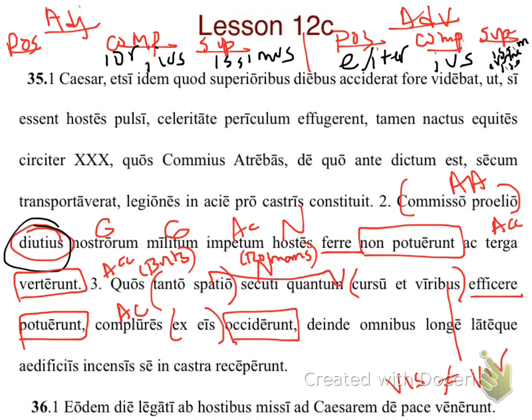If it was men, it'd be viris. But since it has that third declension ending, viribus, that's how you know it's forces. Does that make sense? Okay. They, I think it's meaning the Romans. So they killed several of them.